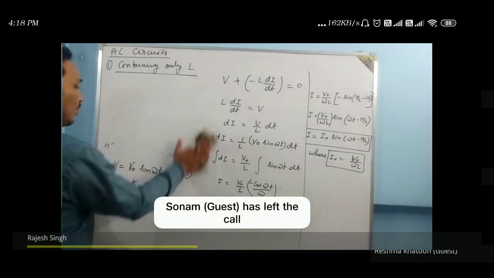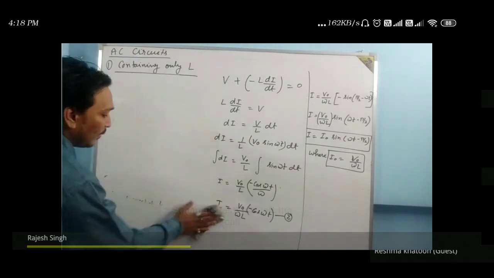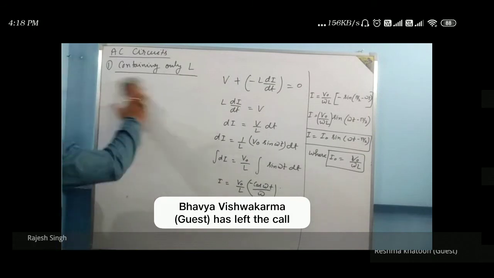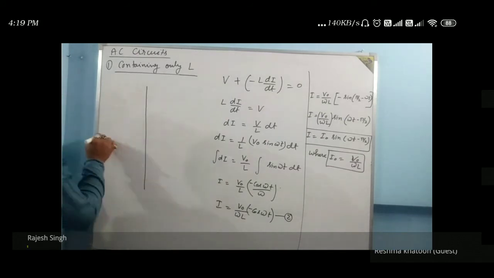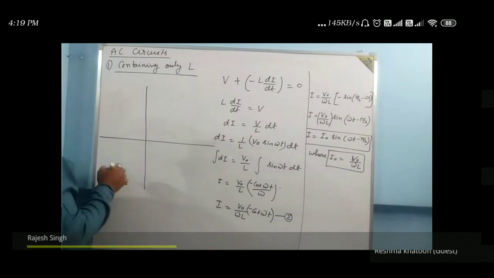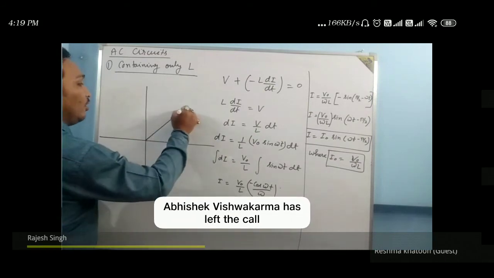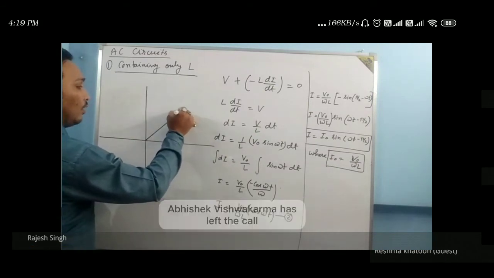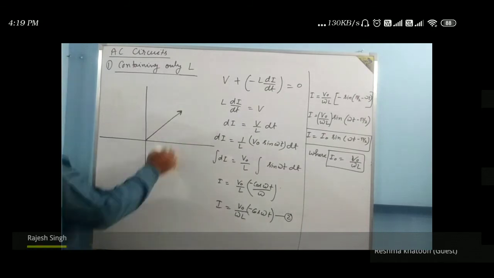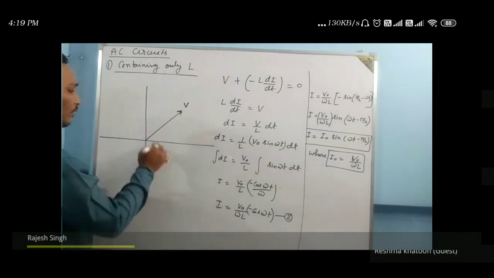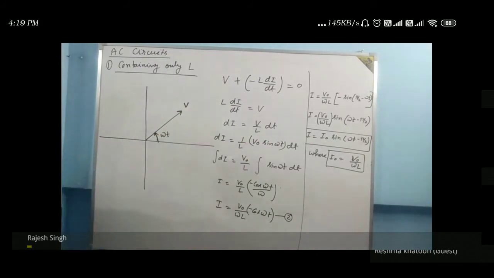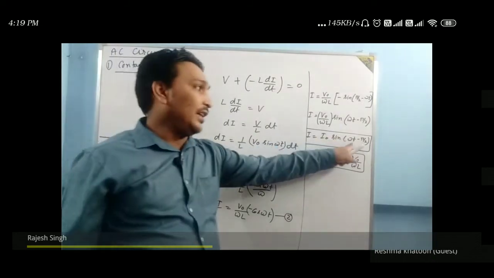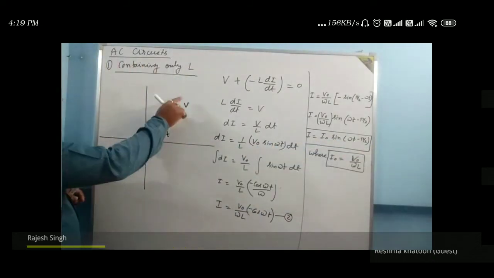If we make the phasor diagram, let the voltage be here, V, and let this angle be omega t. Current is omega t minus pi by 2, so it is pi by 2 behind from here.